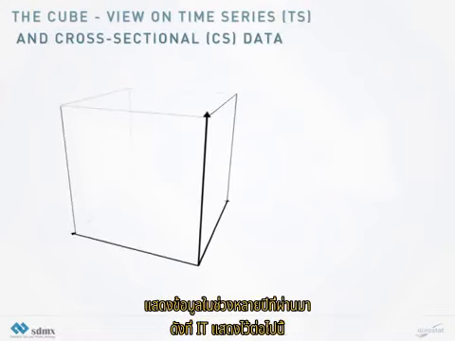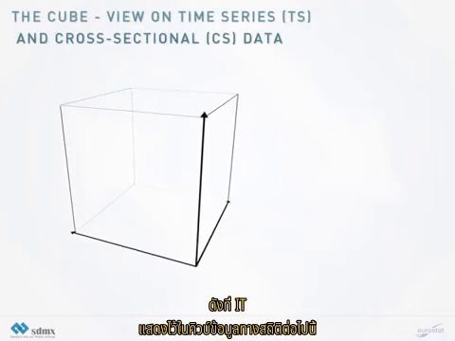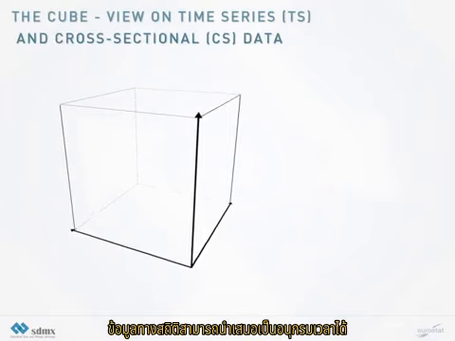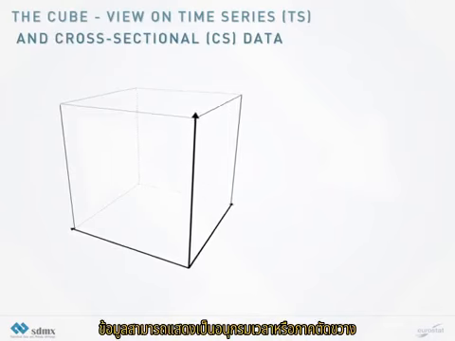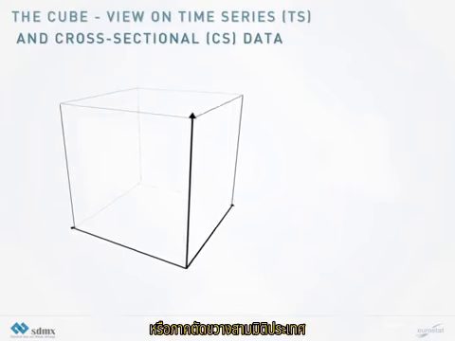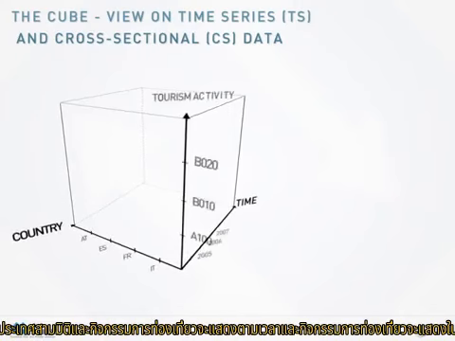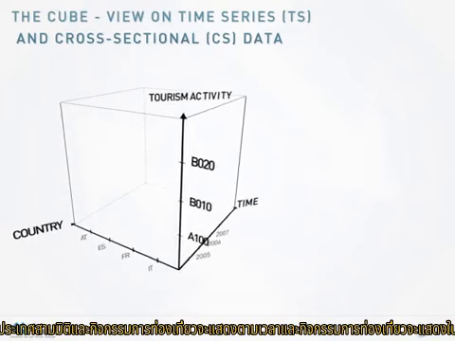The table we just saw is a time series presentation showing data over several years. As illustrated in the following statistical data cube, data can be presented in a time series or cross-sectional. Three dimensions, country, time, and tourism activity, are shown in the cube.